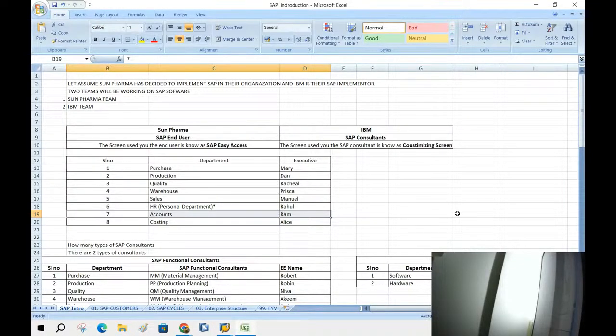When they purchase the raw material through Mary, they have to pay the supplier or the vendor. That is called outgoing payment or vendor payment, or accounts payable from an accounts point of view. Here I am bringing in two new terminologies: accounts receivable and accounts payable.